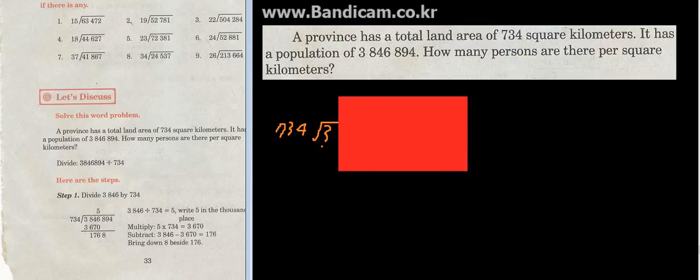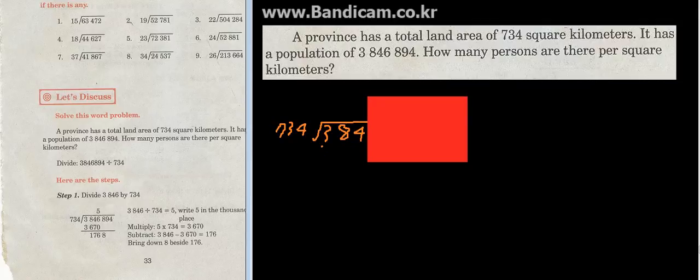I'll change this color to red. Let's first see just the 3. Is 3 bigger than 734? Obviously not, it's much smaller. Is 38 bigger than 734? No, much smaller. Is 384 bigger than 734?